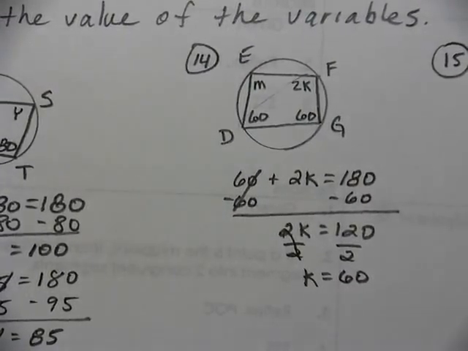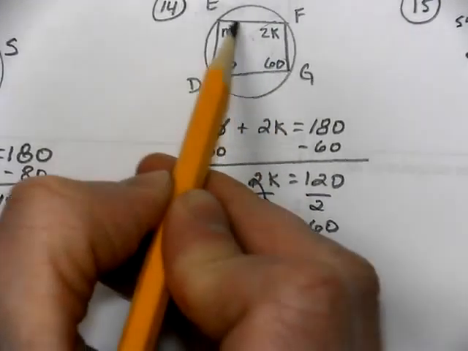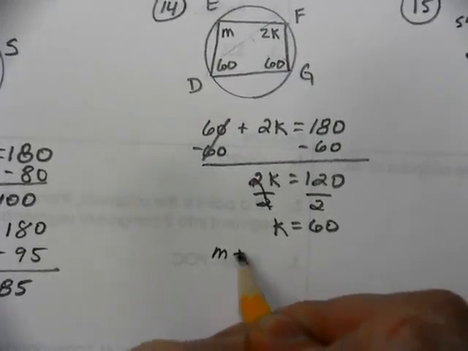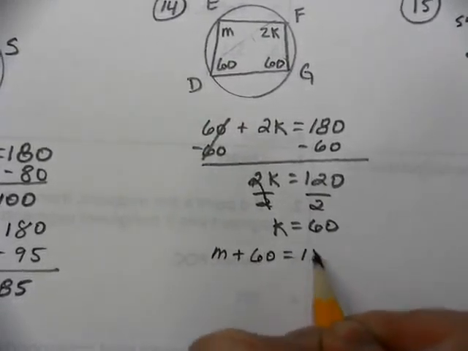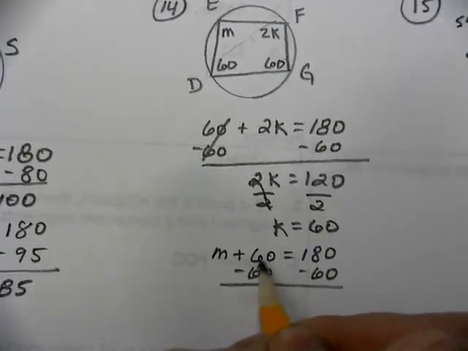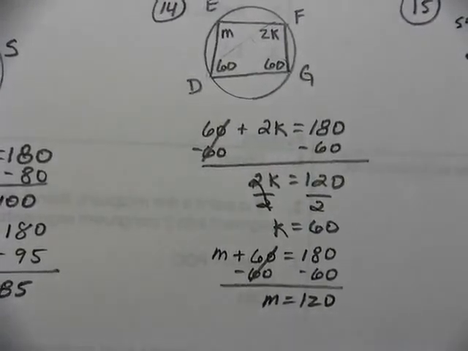K has to be 60 degrees. The other thing that we notice is that M and 60 have to add up to equal 180, and of course that makes M have to be 120.